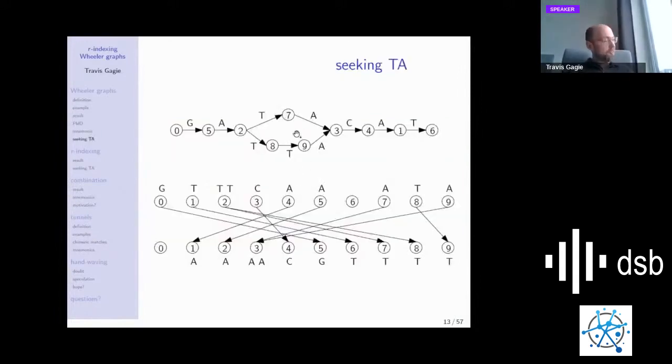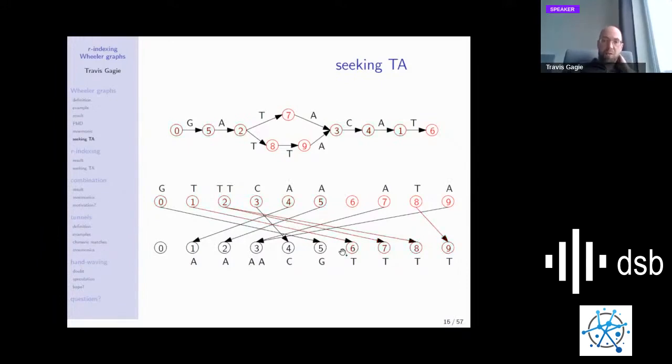So just as a quick example, keeping track of the time here, how would we find the vertices that can be reached by paths labeled TA? Well, the first thing is all of the vertices can be reached by paths labeled empty. And so from here, we consider from this interval of all the active nodes, all the things that can be reached with T. So they're the interval here from 6 to 9.